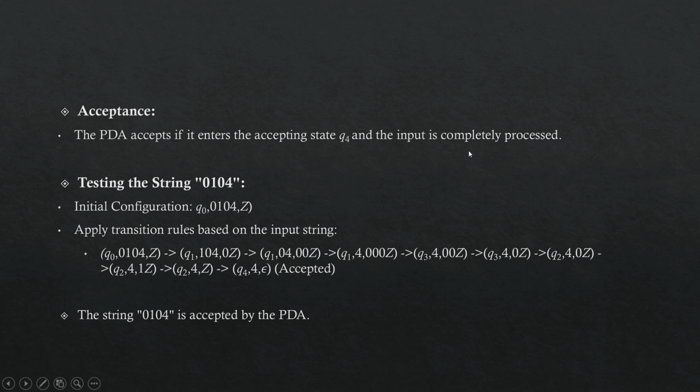Now, to test whether the given string is accepted by the push-down automata or not, we have to apply transition rules based on the input string, and we will apply them in this way. Okay, and then we came to the conclusion that the string is accepted by the push-down automata.